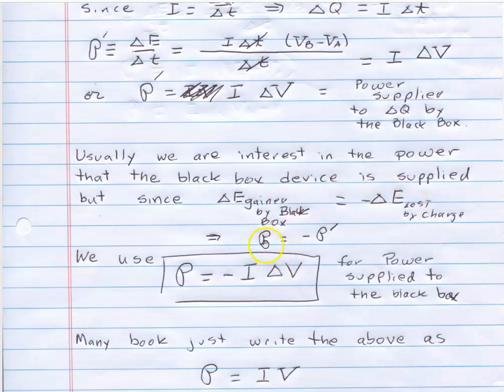Another way to say this is the power gained by the black box is equal to minus the power gained by the charge. Since we have P prime as I delta V, that gives us P equals minus I delta V for the power that is supplied to whatever's in that black box by the current.